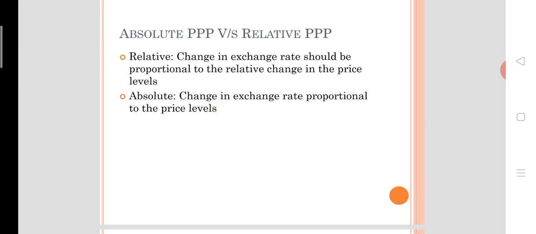While absolute purchasing power parity theory considers the exchange rate which is proportional to the price level in both nations, relative purchasing power parity theory measures the change in exchange rate that should be proportional to the relative change in price levels in both countries. So that is the only difference.